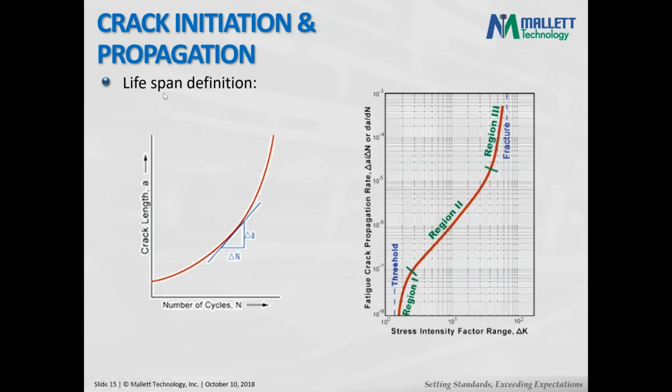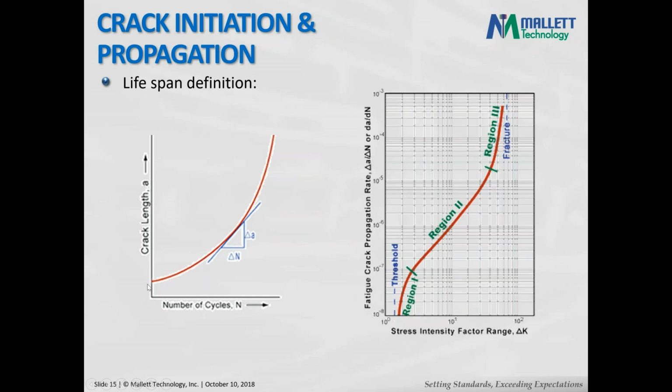So when we have crack propagation, in the figure on the left-hand side, the y-axis is the crack length, A. So we always start out with a known crack length.